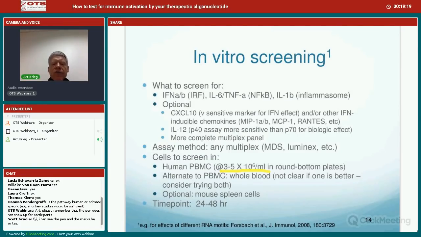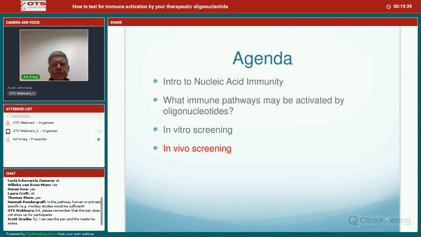And again, I put a reference at the bottom here for screening for different RNA motifs. In this paper, looking at the effects of TLR7 and TLR8 motifs in RNA, and making the point of how these screens can help you to differentiate different immune pathways.